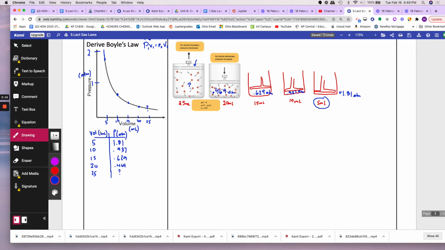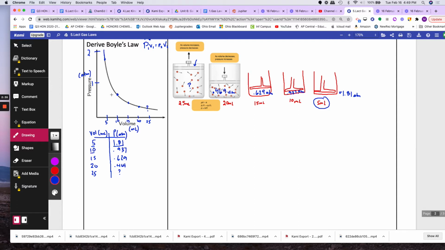When I plotted this data, I put volume on the x-axis because it's the independent variable. I went 5, 10, 15, 20 to 25. And then I put pressure on the y-axis, 1 and 2 atm. Plotting the 5 mils is 1.81, 10 mils about 0.937, 15 mils 0.629, and so on.